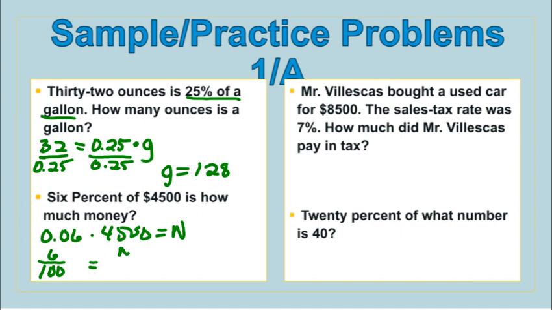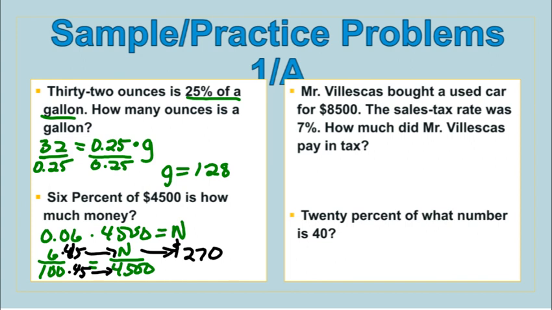Is, we don't know. The of is 4,500. And I know that 100 times 45 gives me 4,500. That means 6 times 45 would give me my n. And 6 times 45 is 270. So we would have $270.